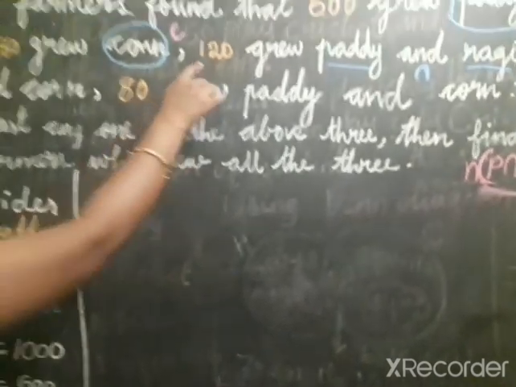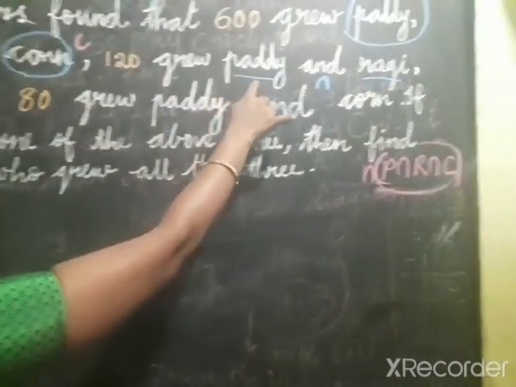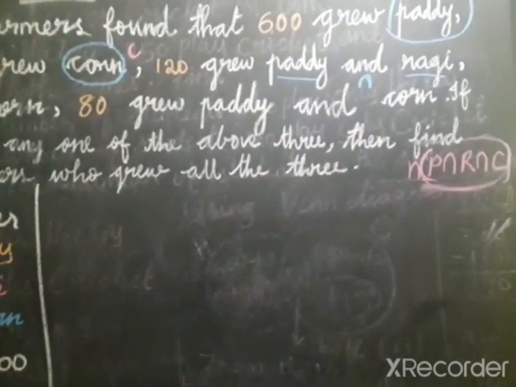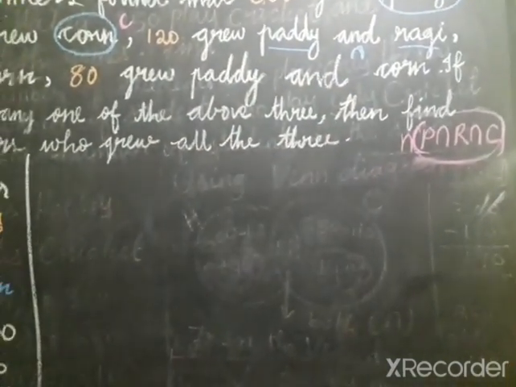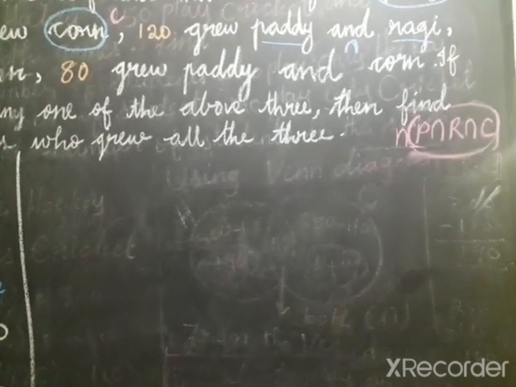Next, see that 120 farmers grew paddy and ragi. We already studied this in previous classes: intersection means common to two sets.